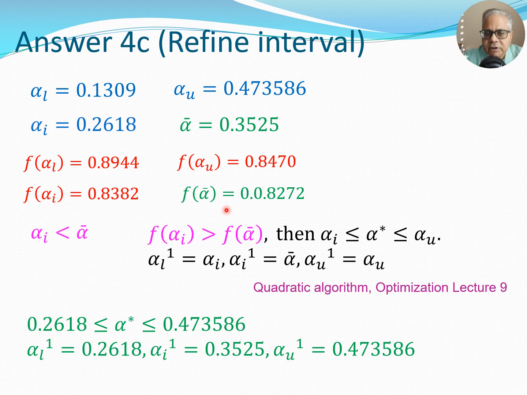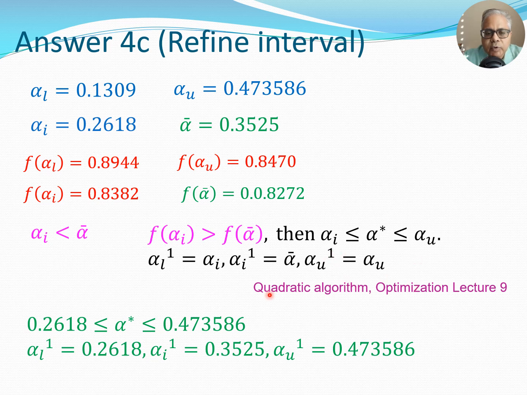So essentially, if we check these functions, we see that the value of f at alpha I is greater than the value at alpha bar. So these conditions being satisfied, we have certain things which we need to do. We can essentially reduce the bracket to alpha I and alpha u.